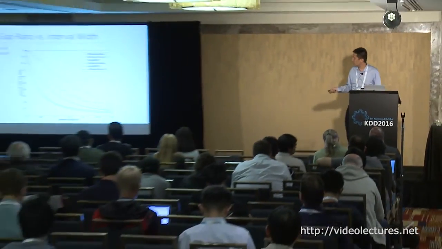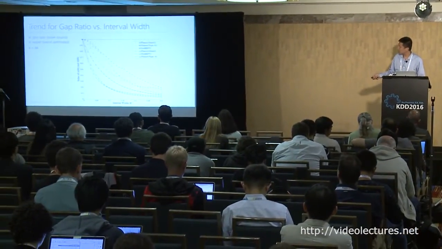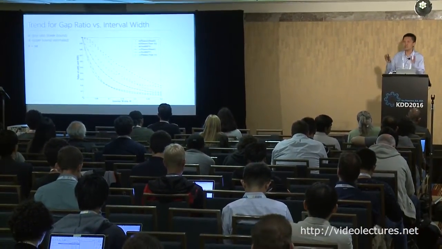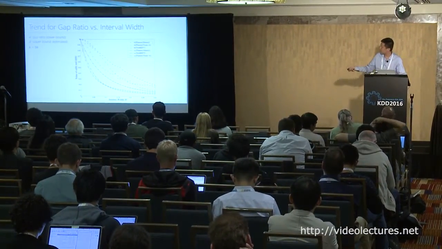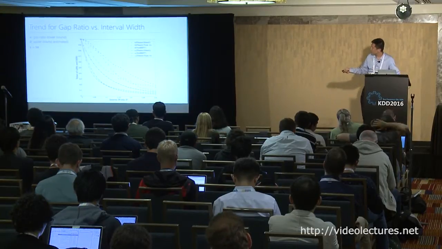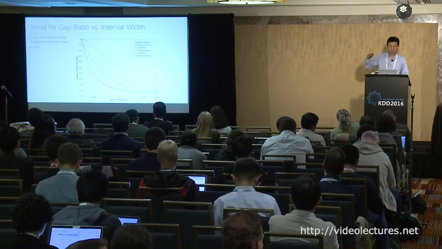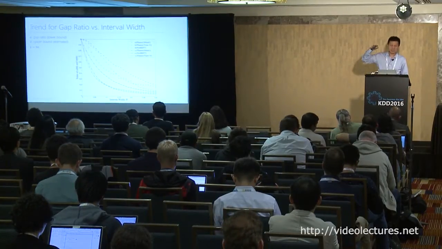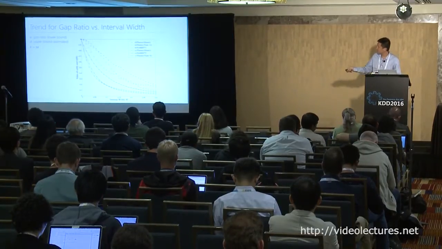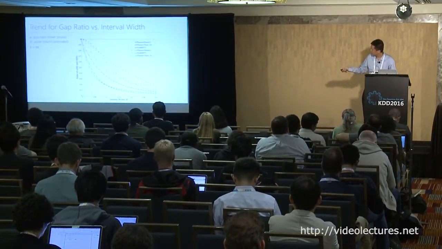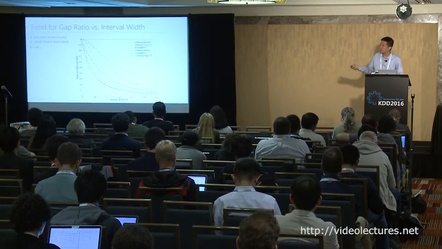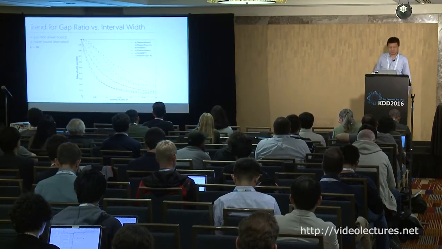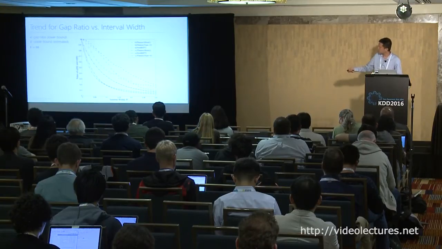This is the first study. The x-axis is the interval width, whether the interval is short or large, and we look at how it affects the gap ratio. Here we also use an alpha bar. We give an estimate of the upper bound, but this estimate is still not close to the lower bound. But it shows a general trend: the curves with the same color are the lower bound and the upper bound, and the general trend is clear.